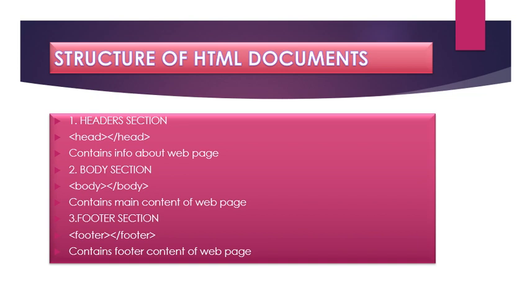In the body section, we have the opening and closing body tag, which contains the content of our web page. And in the footer section, we have the opening and closing tag of footer, which contains content of the web pages.